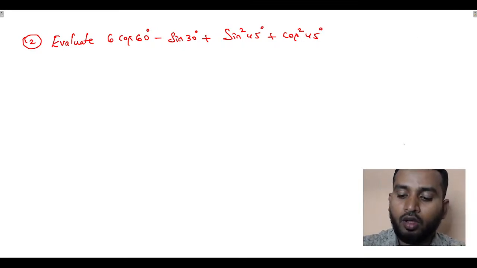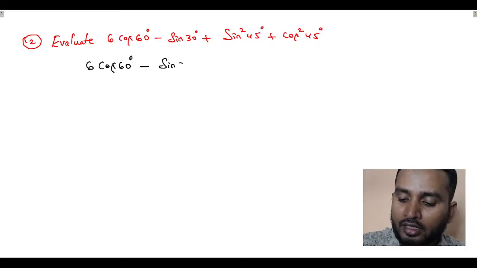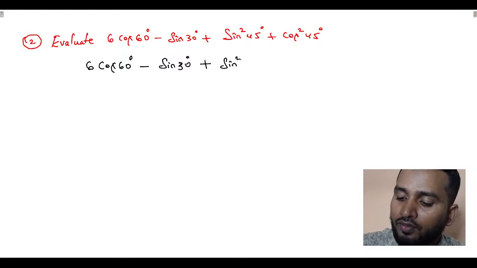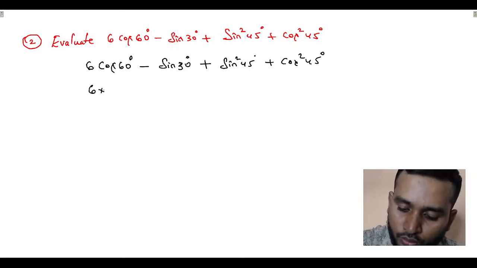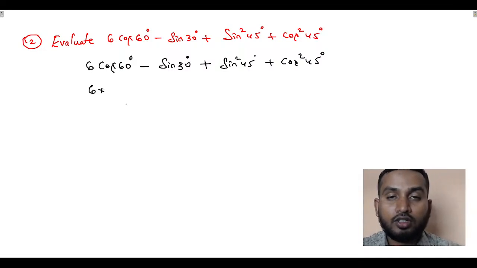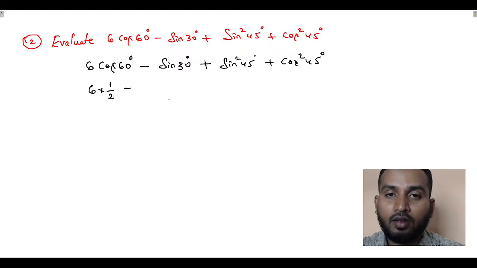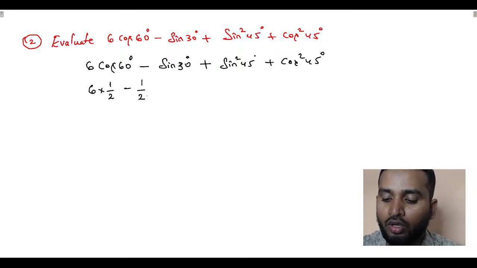Now, first you write the question as it is, 6 cos 60 degrees minus sin 30 degrees plus sin square 45 degrees plus cos square 45 degrees. 6 as it is into cos 60. What is the value of cos 60? Check in the table, the cos 60 value is 1 by 2, isn't it? Good. Minus sin 30. What is the value of sin 30? Check. Good. The value of sin 30 is also 1 by 2.